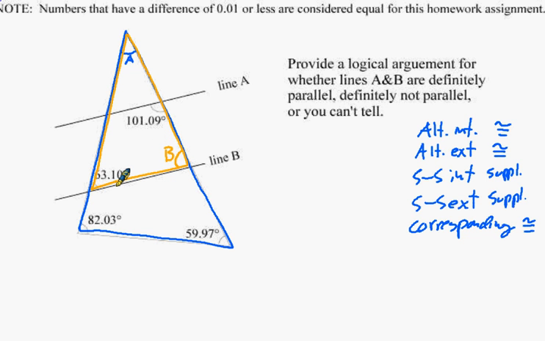So let's look at angle A. We know that this is our sum of a triangle equals 180. So we have 82.03 plus 59.97 plus A has to equal 180.